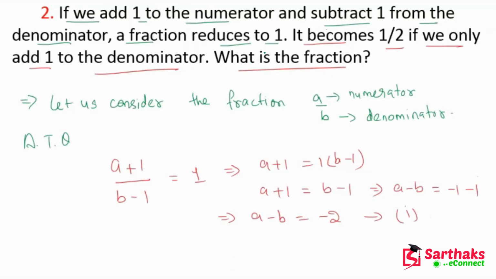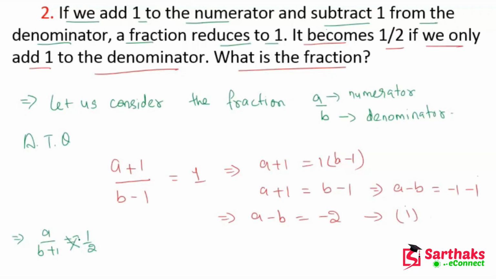Now the second statement states that it becomes 1 upon 2 if we only add 1 to the denominator. So if we add just 1 in the denominator, the fraction will become 1 upon 2. So here is a upon b plus 1, and this will become 1 upon 2.